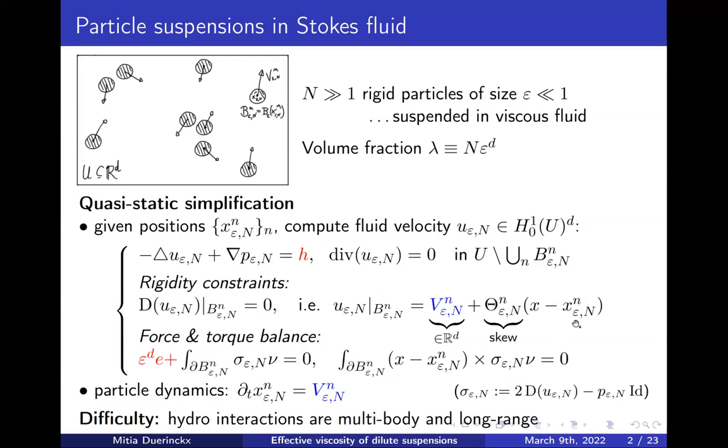So u should be of this kind of form on the boundary of each particle. Well, for the notation, I will always extend u also inside the particle. So actually, I assume that u in the particle is equal to that rigid field. So it means that inside the particles, the symmetric gradient of u vanishes. So it's just a matter of notation, but just think that you put that as a boundary condition.